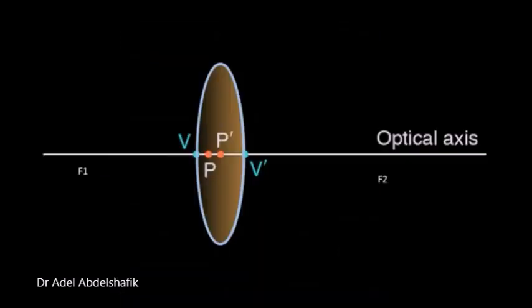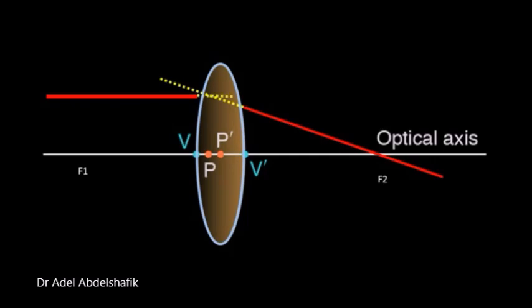The vertices V and V dash are the points of intersection of the axis with the lens surface. If parallel ray gets into a lens, it will come out to pass in F2.